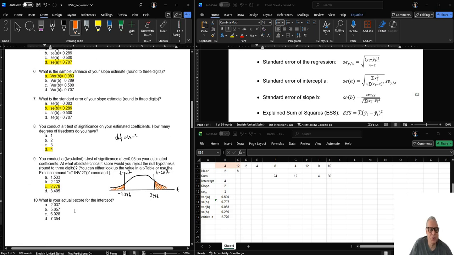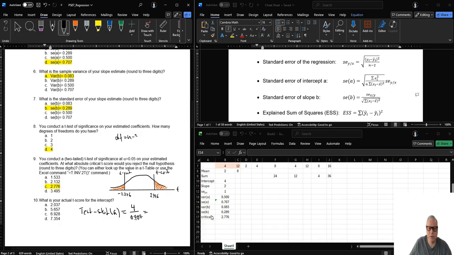So, but what is your actual T-score for the intercept? So for the intercept, we have now what we call the test statistic. So the test statistic for the intercept A is, for the intercept A, we got 4. And now we need to divide that by the standard error of A, which is 0.707.